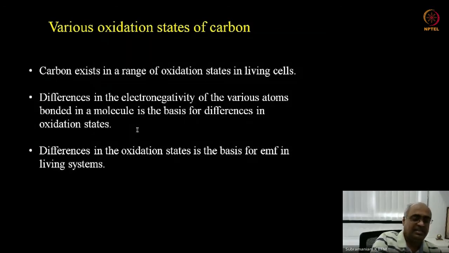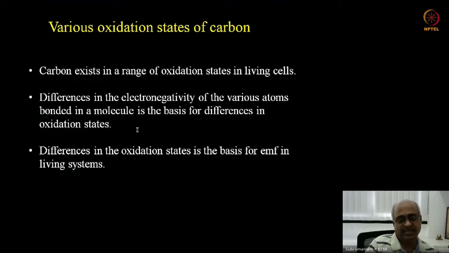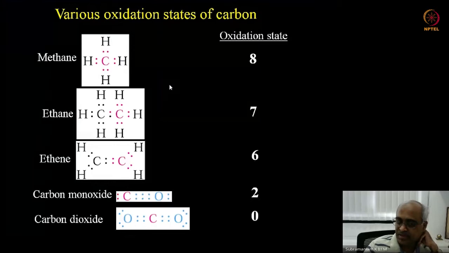So this will come as we go through examples. Primarily it is all due to the electronegativity of the atoms, and that is where the high affinity and low affinity come from. So first let us go and look at the carbon's oxidation state. That's the key to understand how one molecule may be like at the swimming pool in water, and another molecule could be at the 6-foot tall diving board.